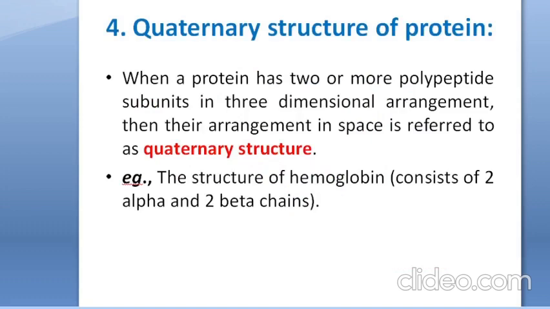Then comes quaternary structure of protein. Quaternary structure of protein is a three-dimensional structure of protein, but it is formed due to the presence of two or more polypeptide subunits in three-dimensional arrangement. One such example is hemoglobin, which consists of two alpha and two beta chains.